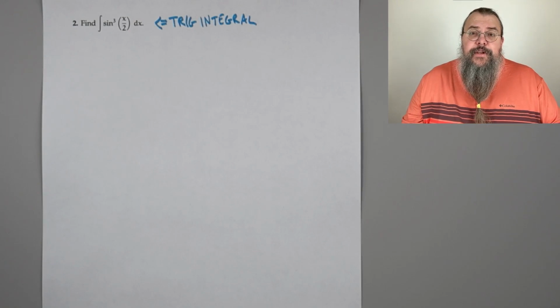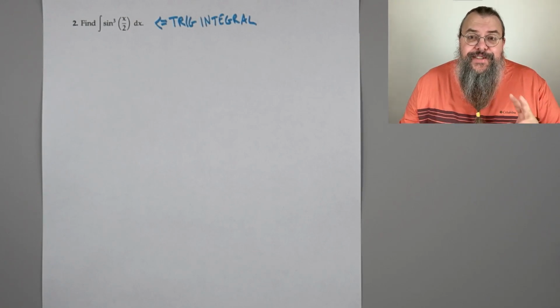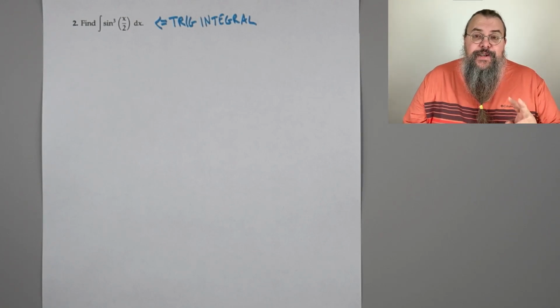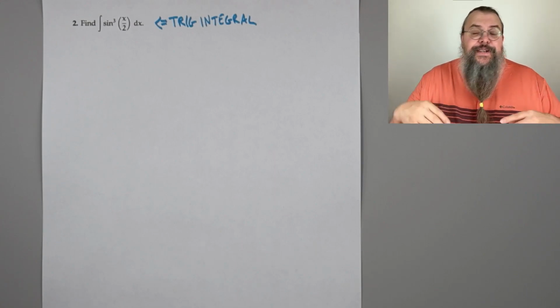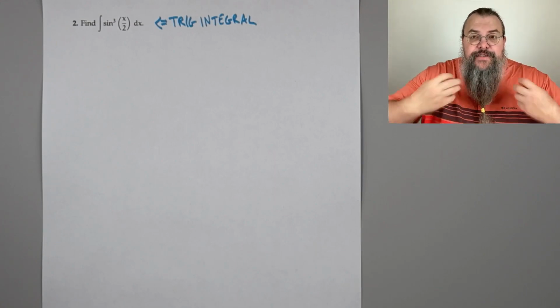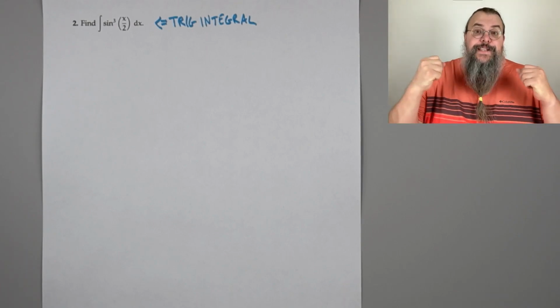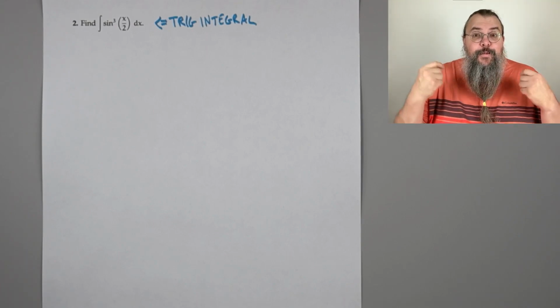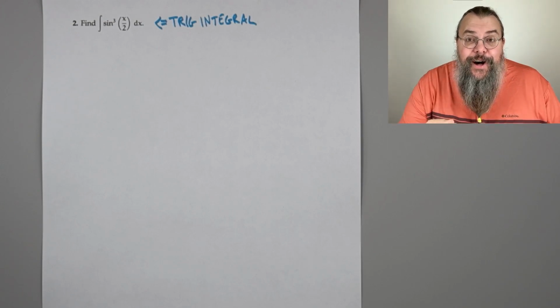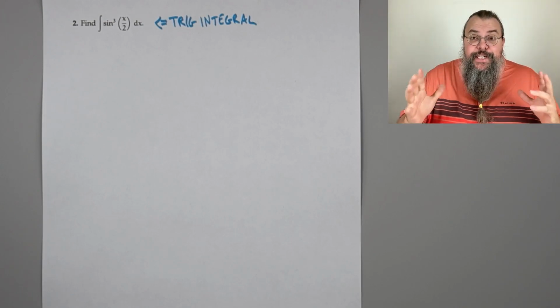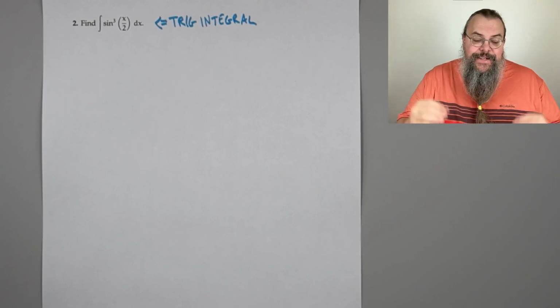We say, all right, there's kind of two cases. One case is where all the powers are even, and then you just got to sort of embrace power reduction until that's no longer true. The other case is one of the powers is odd. And you say, brilliant! We love that. Why?